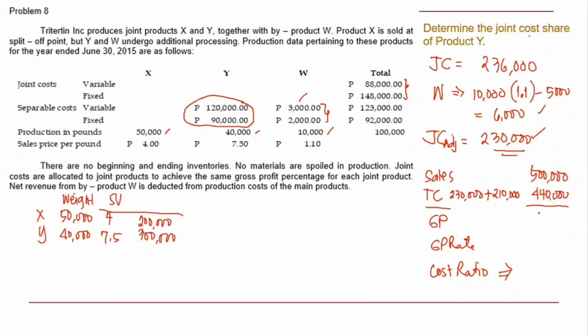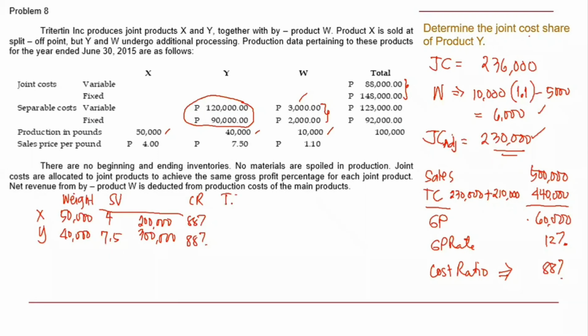So ang GP natin ay 60,000. Ang GP rate natin would be ilang percent to? 12%. Ayan. So sabi lang naman natin GP rate. So ang basis ay sales. So 60 over 500. So ang cost ratio natin ay 88%. So ang gagawin natin, multiply natin cost ratio 88% parehas ng sales value ng bawat product.